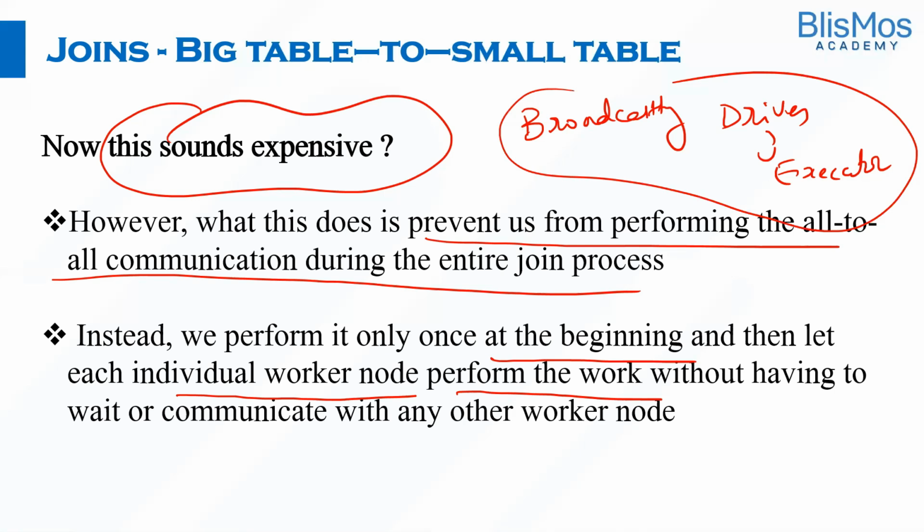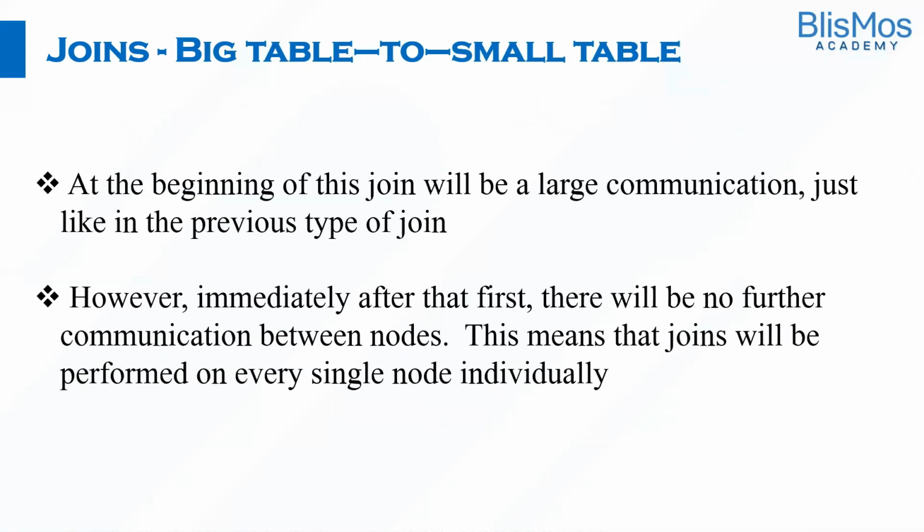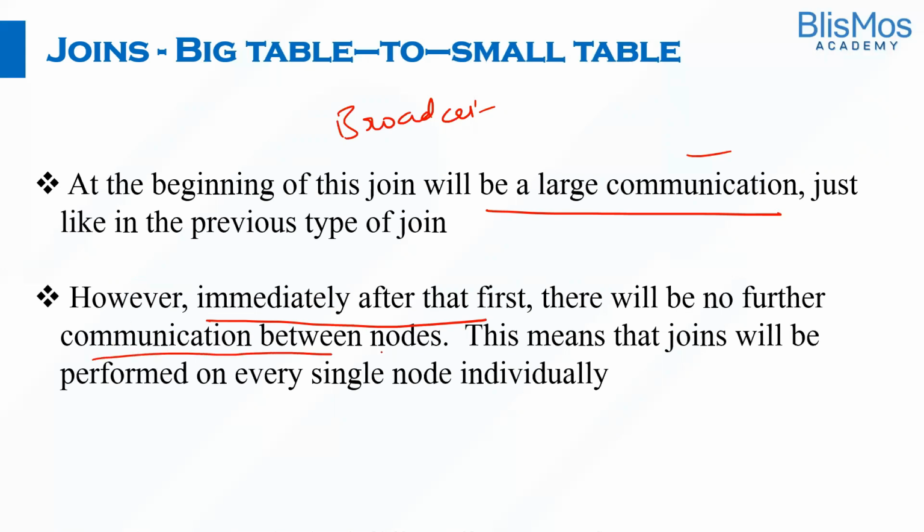many executors. So at the beginning of the broadcast join, there'll be a large communication like the shuffle join only. But immediately after that congestion of the traffic, there'll be no further communication between the nodes. That means joins will be performed in every single node individually.